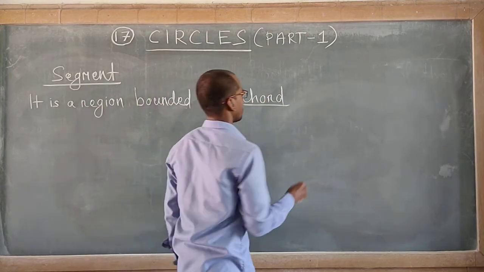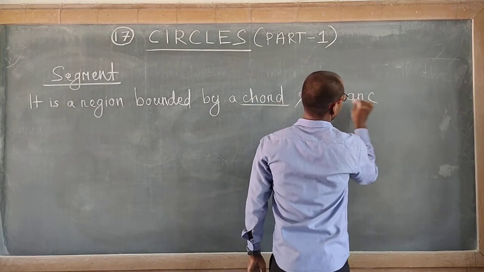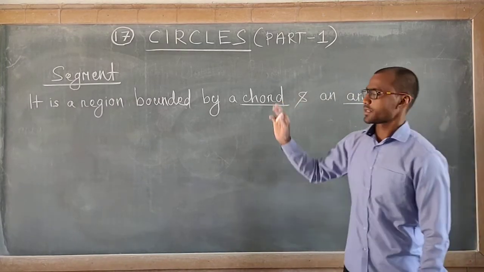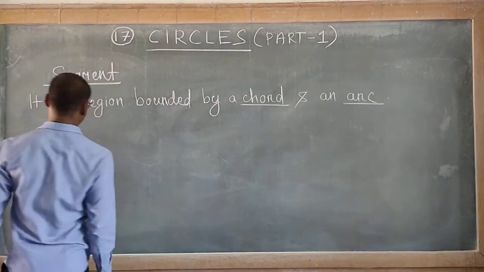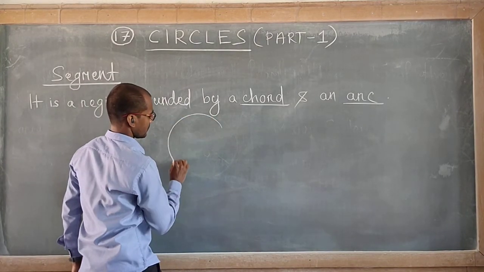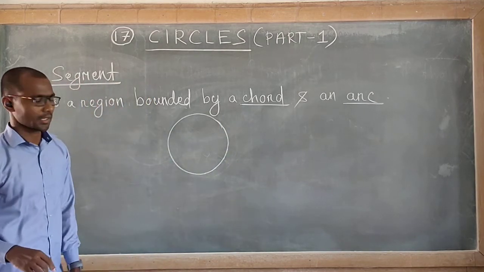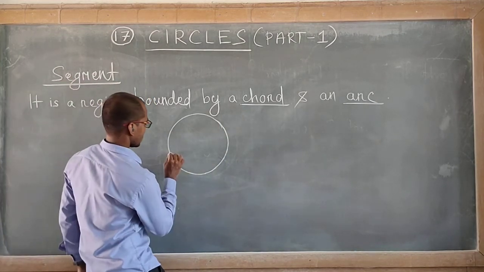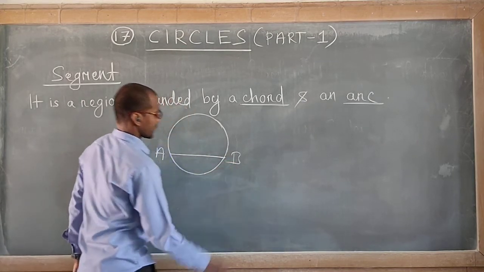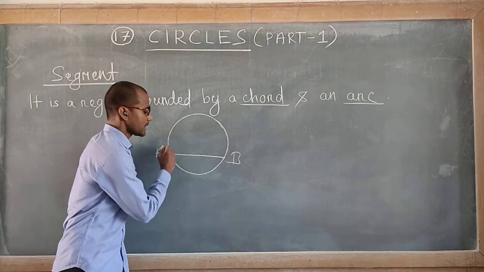Remember, chord MNR. The region bounded by a chord and an arc is called segment. Let us draw and understand. Suppose this is a circle. Let us draw a chord AB. You can see AB is a chord, and this AB is an arc.